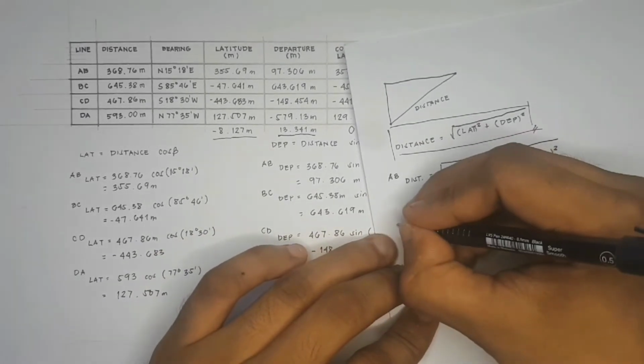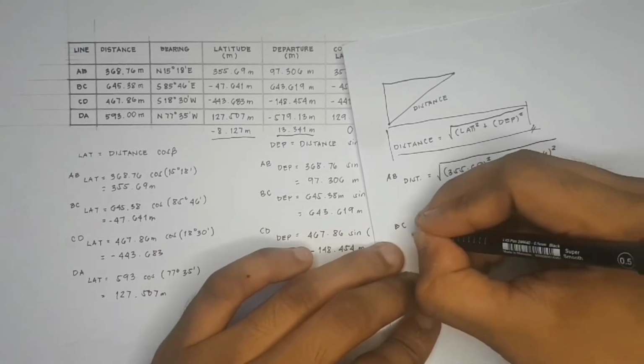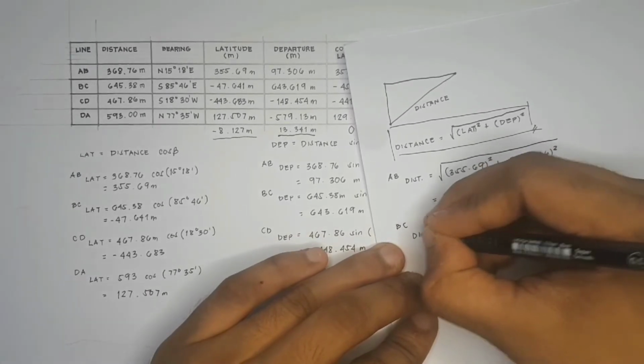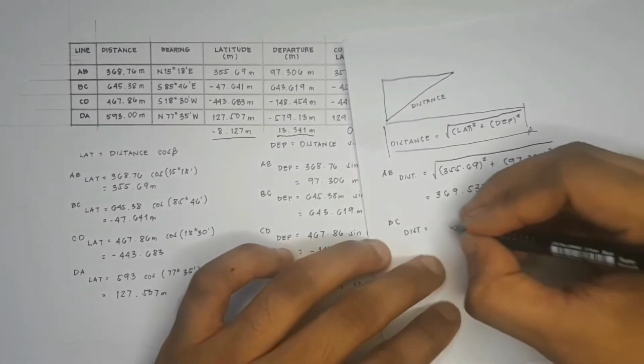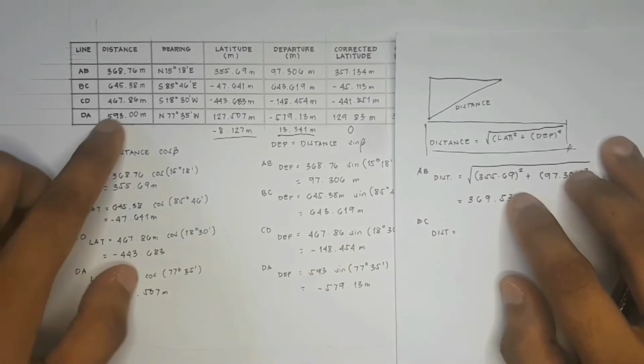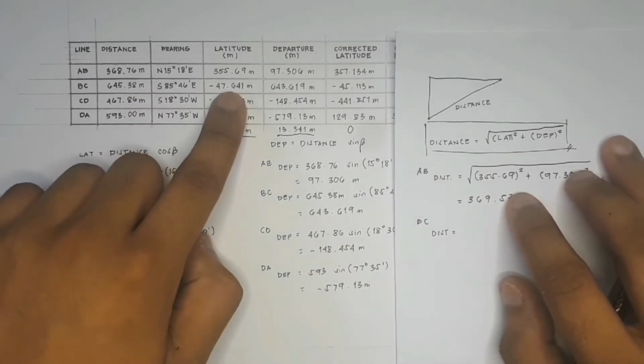So we have BC. So distance of BC is equal to the square root of the latitude squared. So we have the latitude for BC.